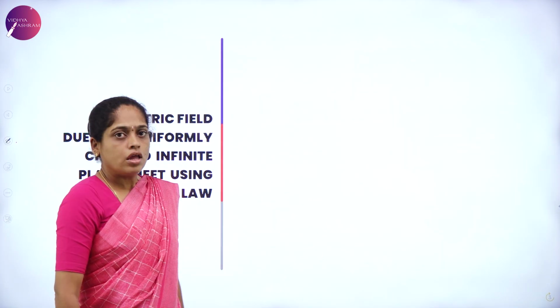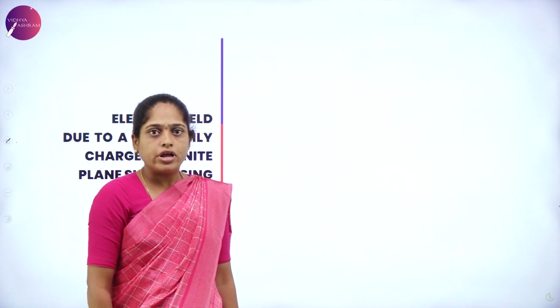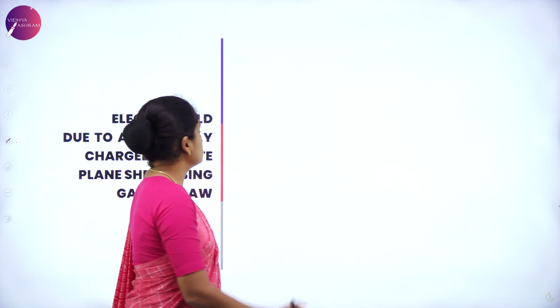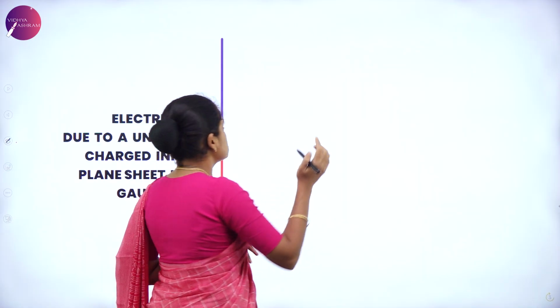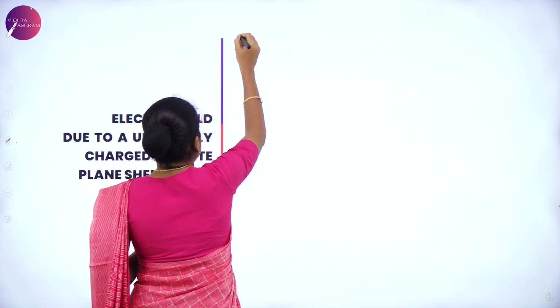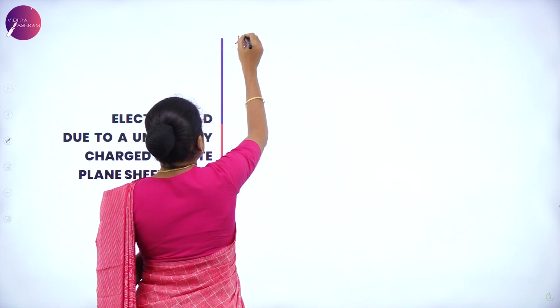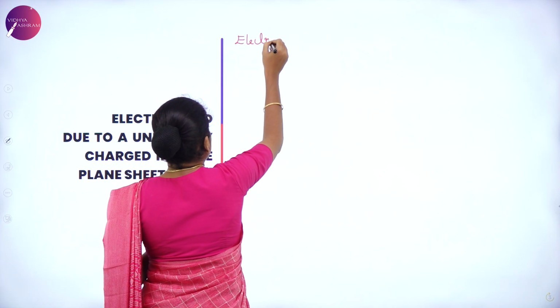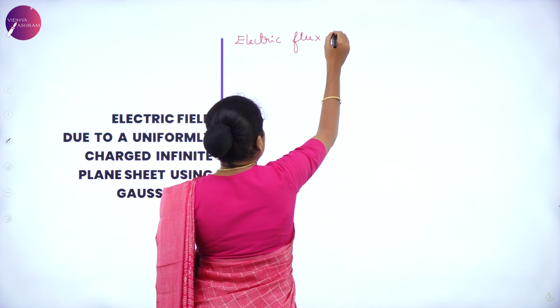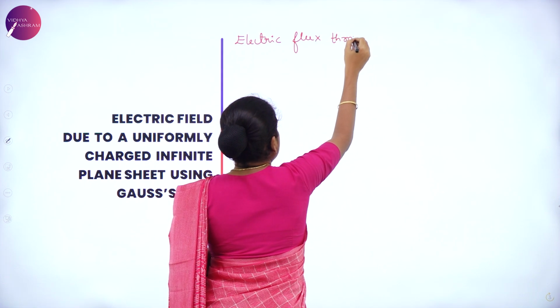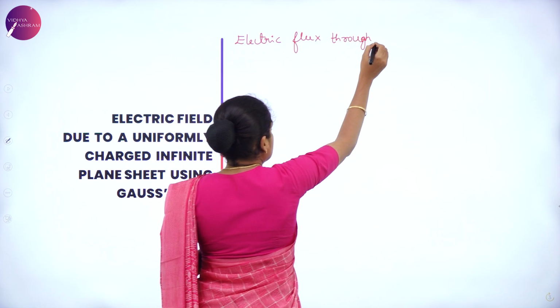Now let us calculate the electric flux through the Gaussian surface. I consider this Gaussian surface in 3 parts. First, the electric flux through the end faces.